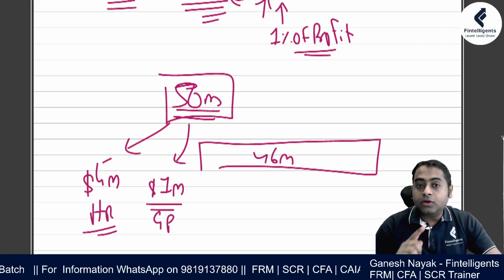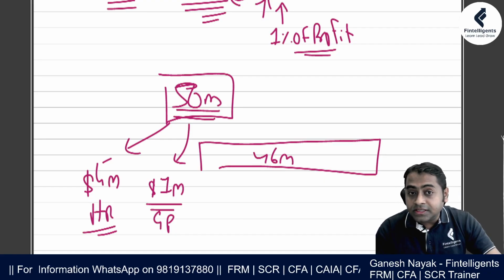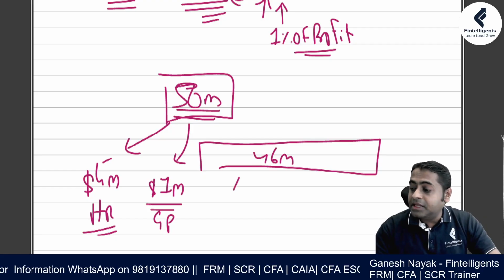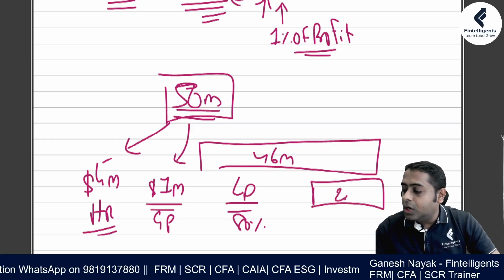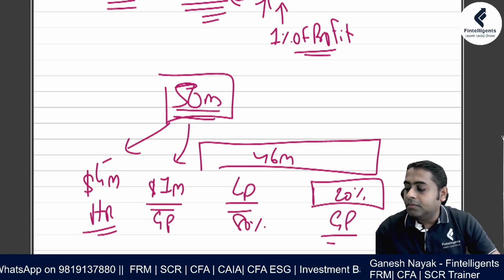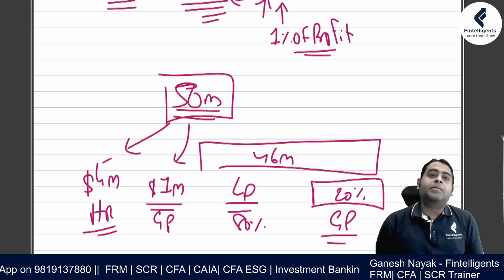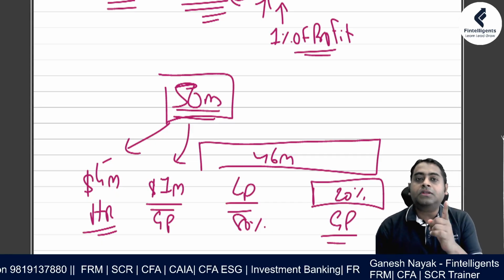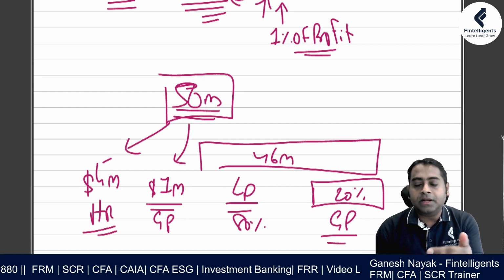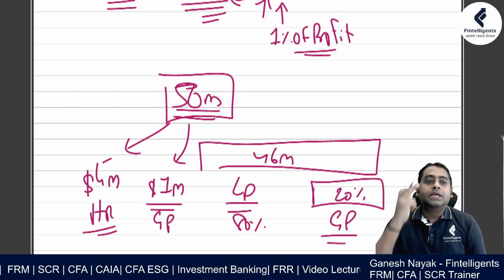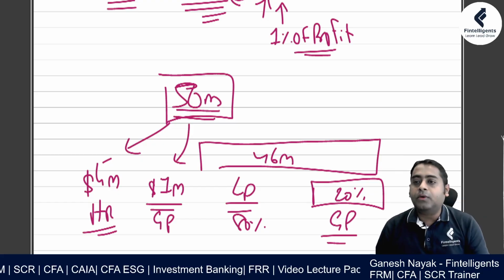Then you're saying the remaining 46, I will first pay the LP, which is 80%, and then the last 20% will go to GP. You're thinking, I have the entire money, why am I not giving it? No, the fund is not thinking like that. The fund is thinking for each $1 million separately. Is everybody clear? Rahul, I've answered your query.